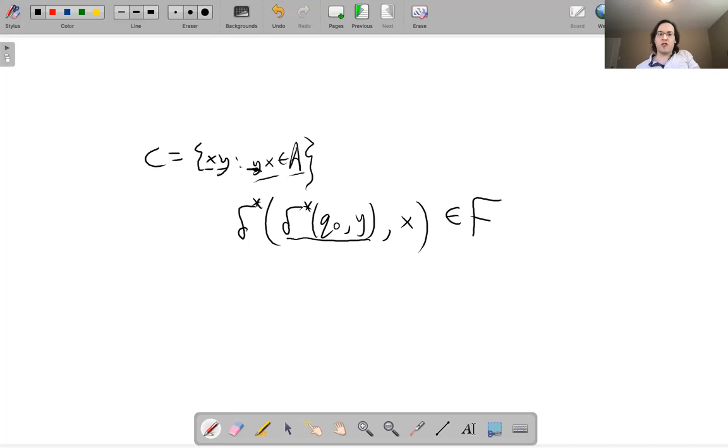So this condition is equivalent to saying that YX is in A, because M recognizes A.